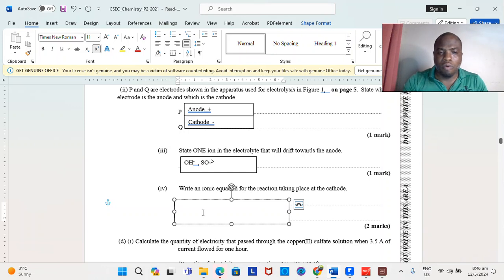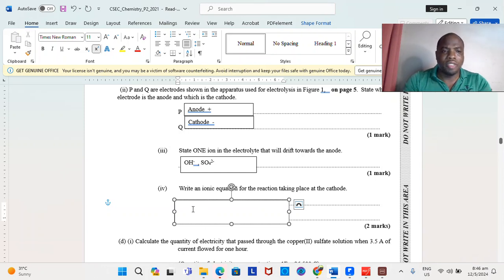Now, we also mentioned earlier that when you look at the situations or the criteria that determines who gets selected, one of the things we said is the reactivity series, right? The reactivity series is one which determines, especially when you're looking at the cathode.